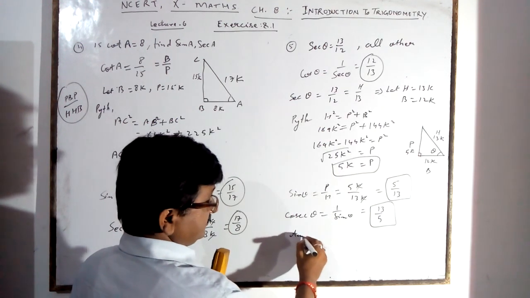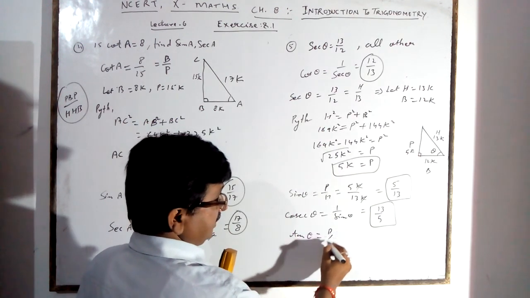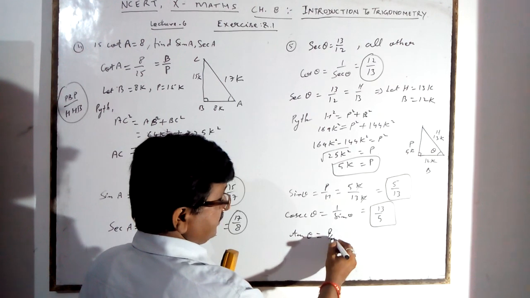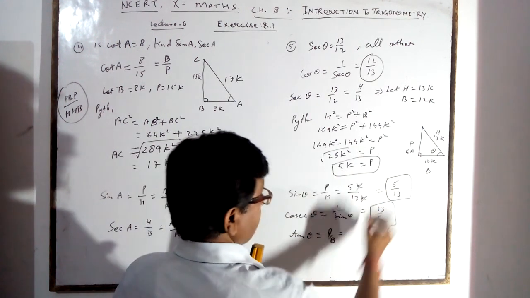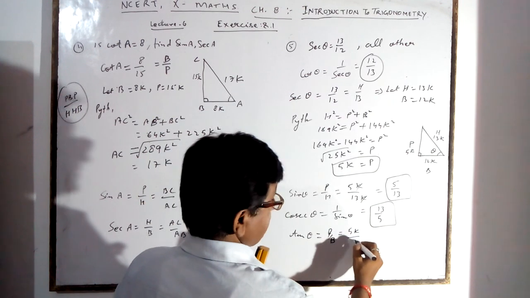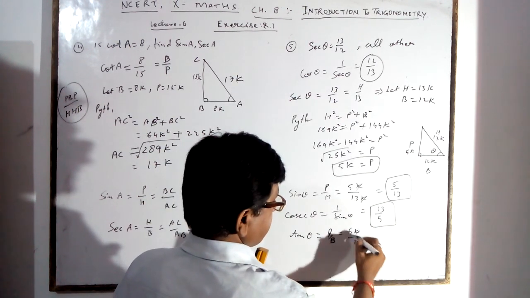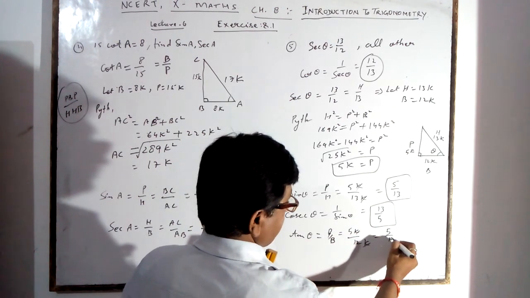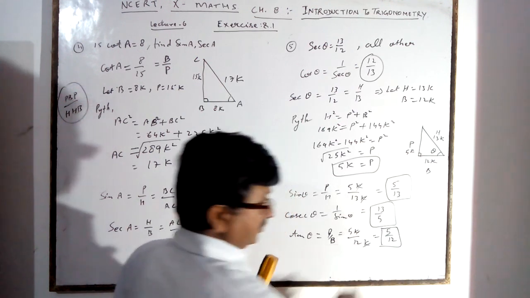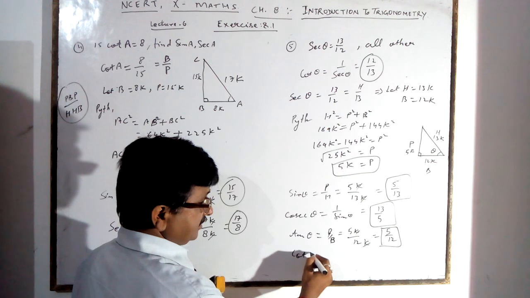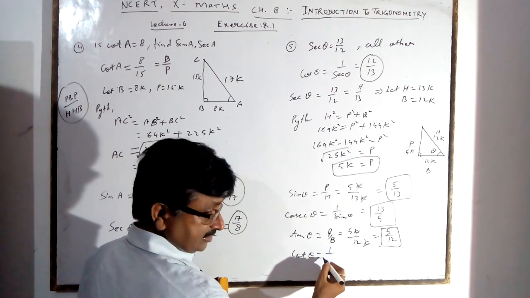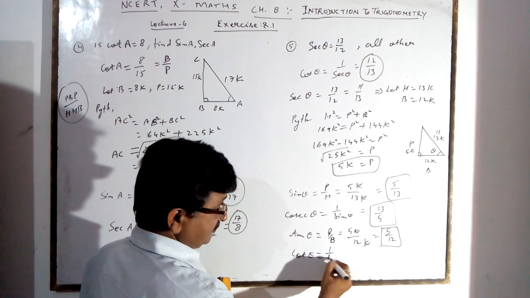Tan theta. What is the tan theta? P by B. Tan theta is perpendicular upon base. Perpendicular is 5k. Base is 12k. K and k cancel. What are you getting? 5 by 12. It is your tan theta, and cot theta is the reciprocal of tan theta.